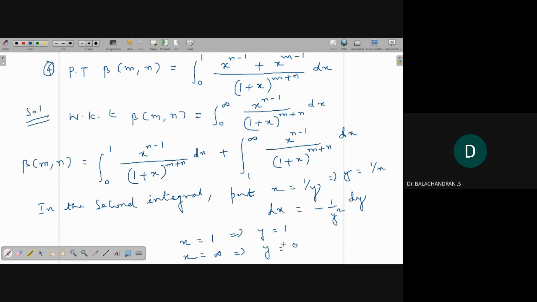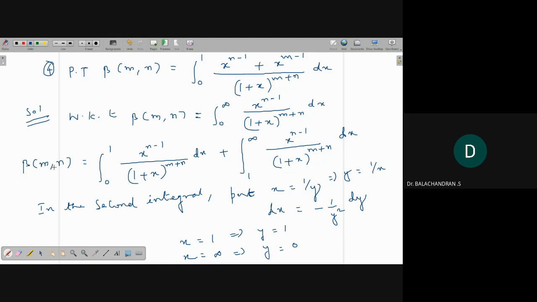So you may think 1 to 0, and I have 0 to 1, but because of this minus sign, the limits will interchange. That is why I said that for 1 to infinity, your substitution should give either 0 to 1 or 1 to 0. But here it is 1 to 0.